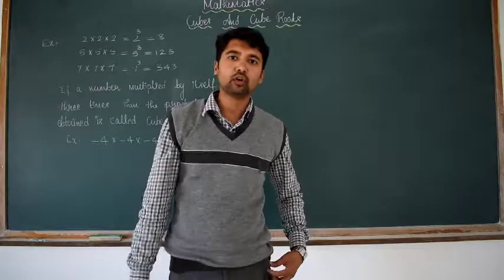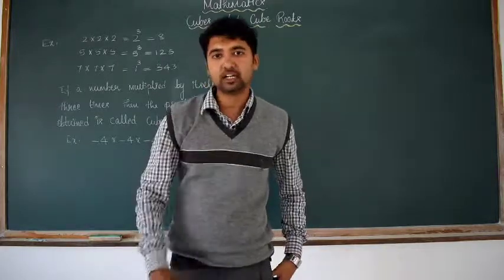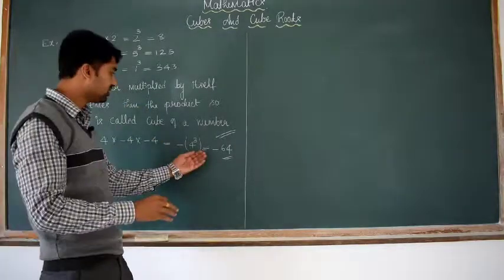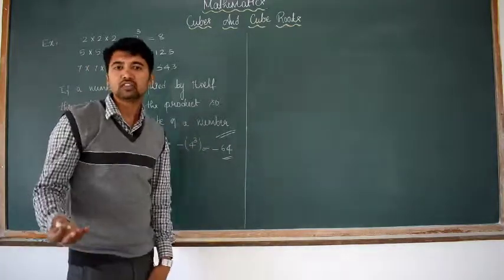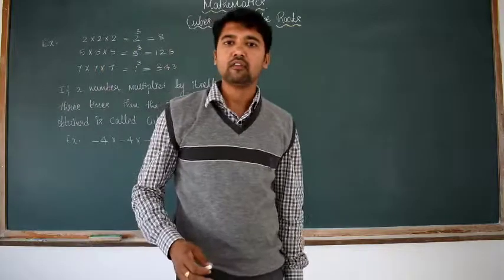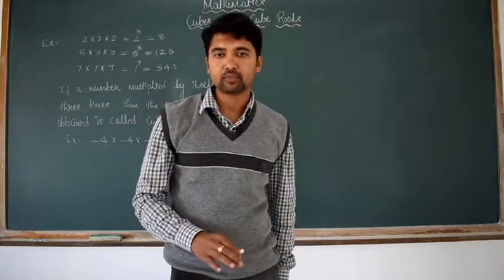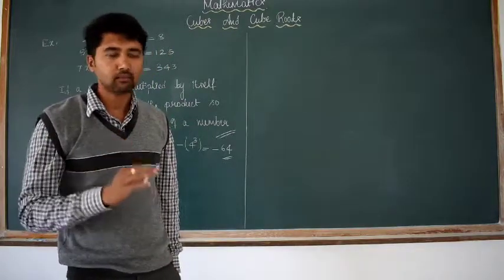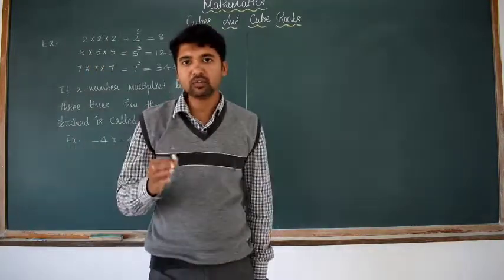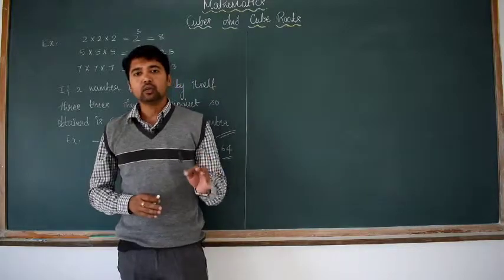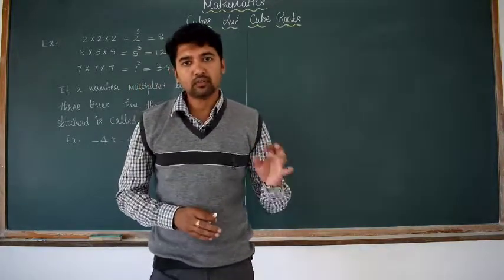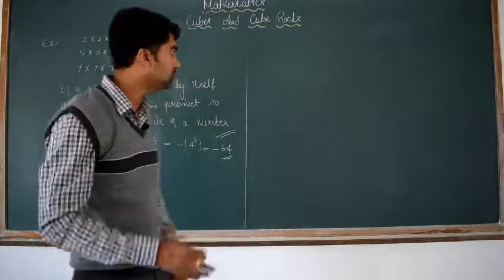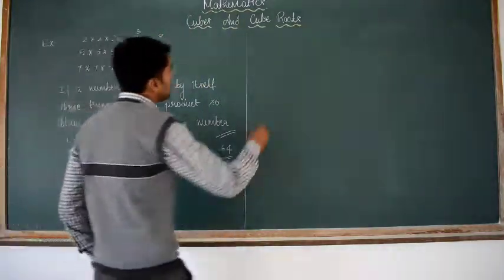Then you can go for multiplying the given number 3 times. That is minus 4 into minus 4 into minus 4. Minus is taken outside, 4 cube is equal to 64, so minus 64 is your value. Hope everybody understood. Here we have a note to keep in mind: the cube of a positive number is always positive. The cube of a negative number is always negative.